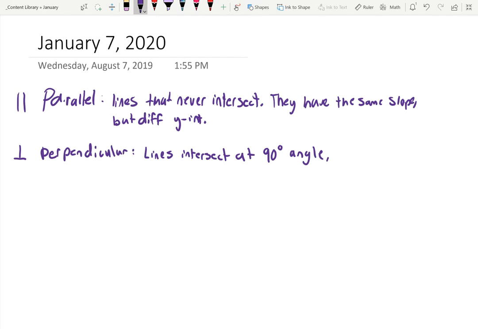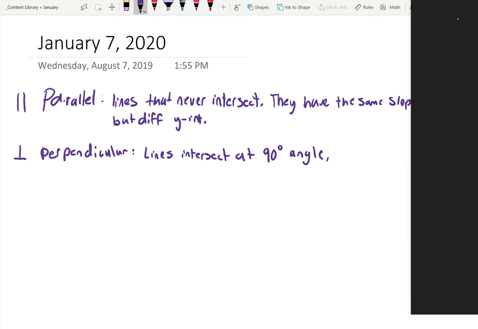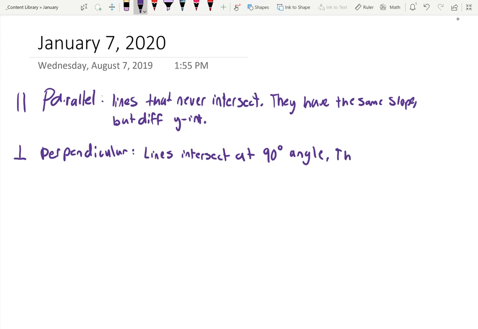Now, what's very interesting about these, a good note to make, is these lines have opposite reciprocal slopes.